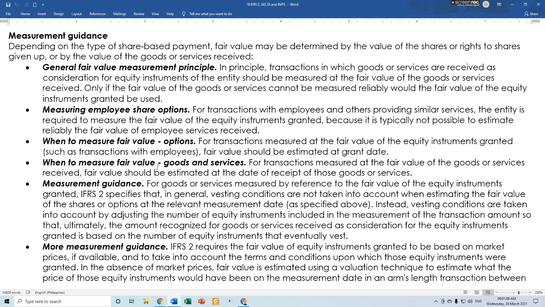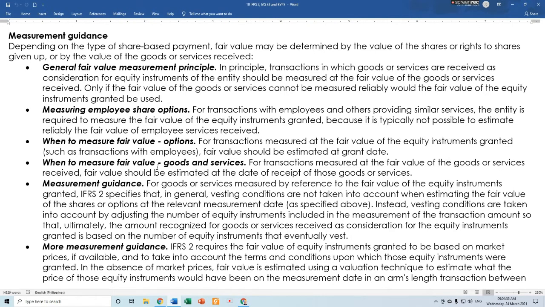Okay? Next, when to measure the fair value in case of options. So in case of options, for transactions measured at the fair value of the equity instrument granted, fair value would be estimated at grant date. Okay? So ibig sabihin, kung kailan natin na-initiate yung options or yung employee options or whatever type of share options na yan, it will be the grant date fair value.